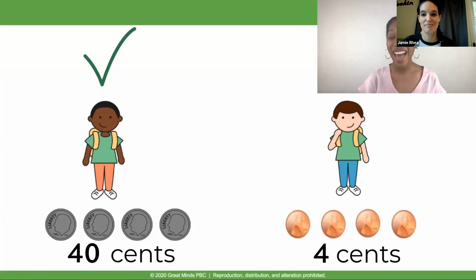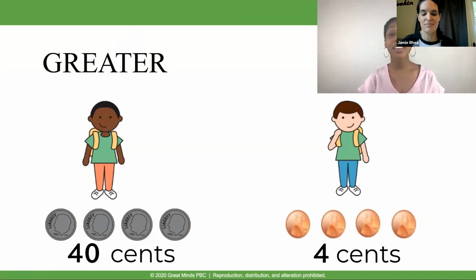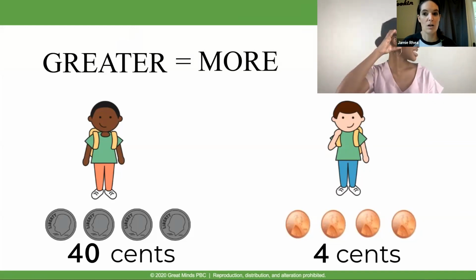Yes, Jackson has the greater value. We can say that 40 cents is greater than 4 cents. Greater means more. What does greater mean? More. Yes, greater means more.